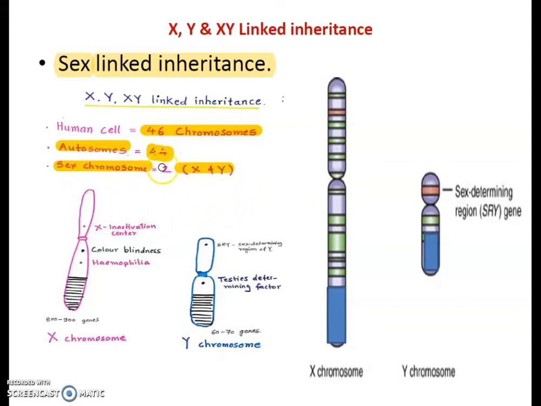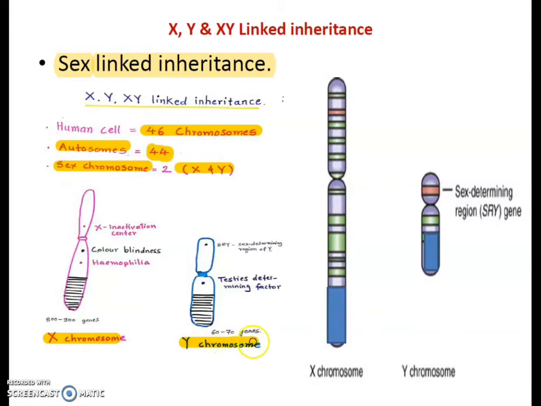So these two chromosomes only decide the sex, male or female, not these 44, as no other chromosome can decide the sex. Only X and Y decide the sex of the zygote. The X chromosome is larger than the Y chromosome.